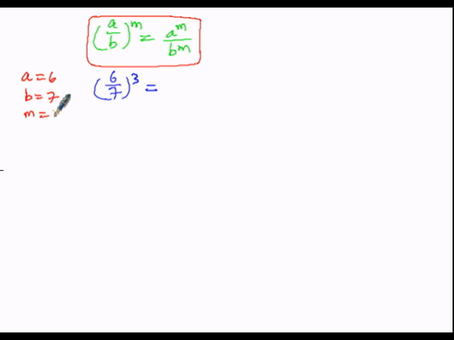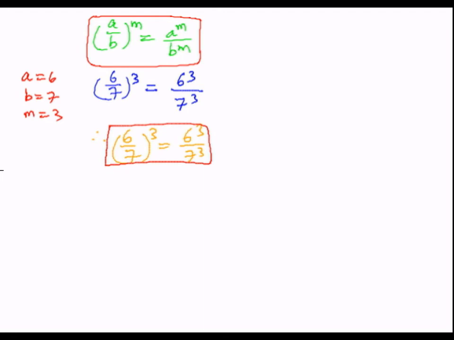So the resultant will be a^m divided by b^m. The exponent 3 is applicable for both 6 and 7. So, 6 to the power of 3 divided by 7 to the power of 3. In this manner, I got the resultant: (6/7)^3 is equal to 6^3 divided by 7^3, which is our resultant.